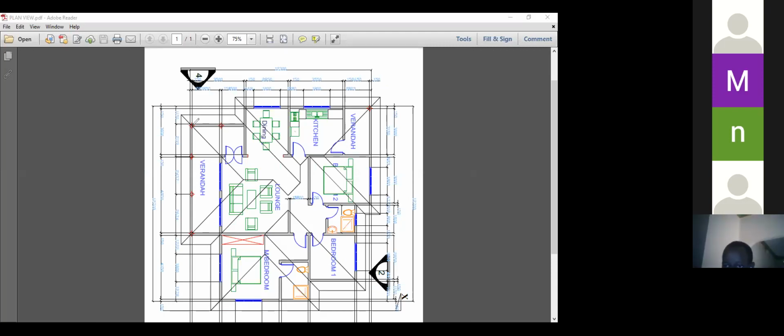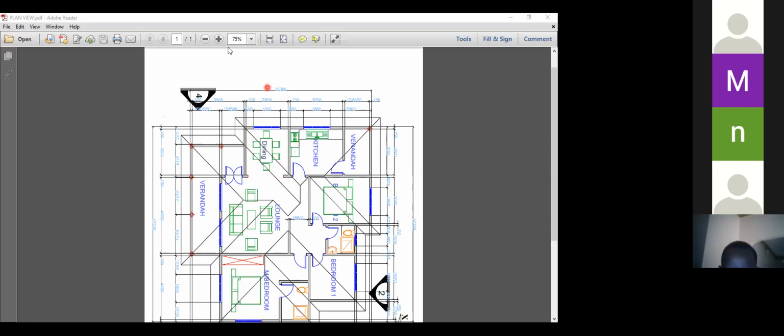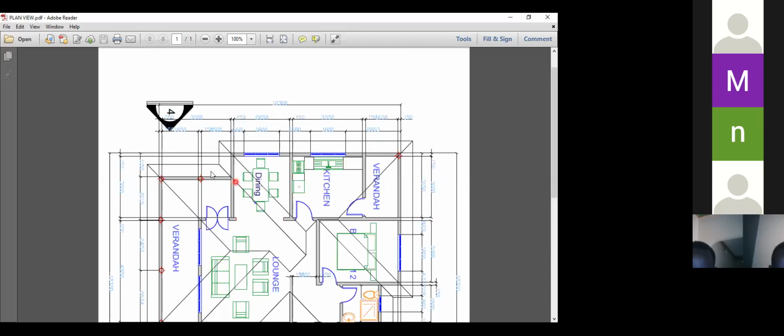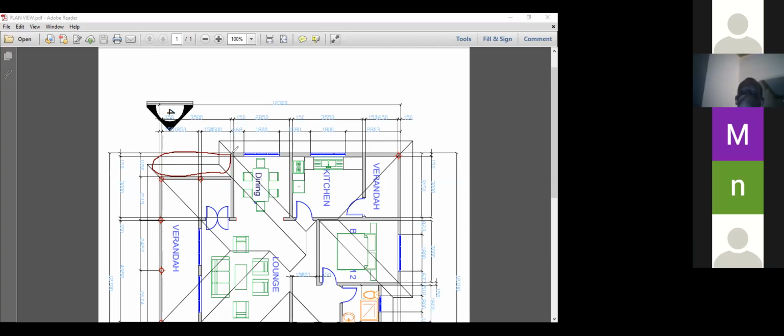My plan stops here and here, so it's like I have this whole area here.